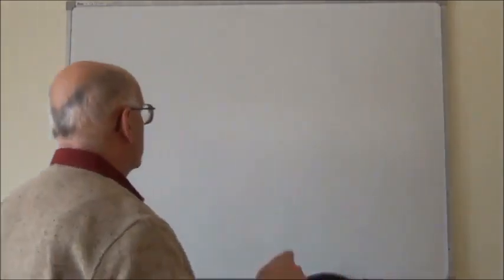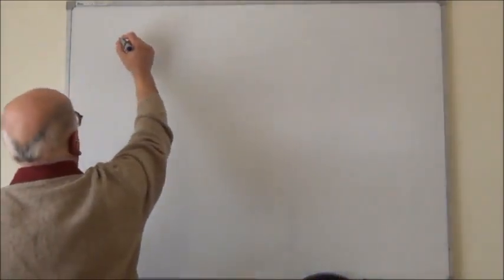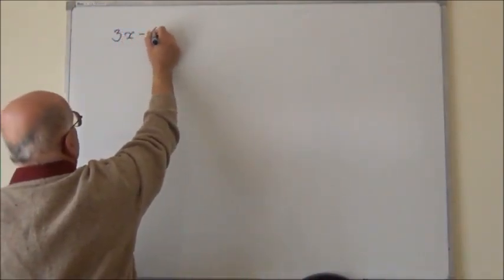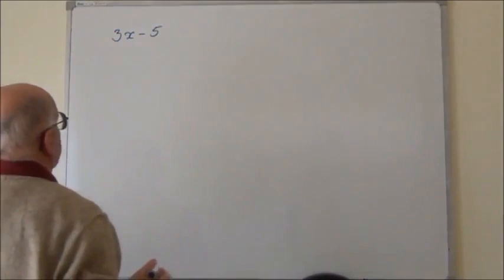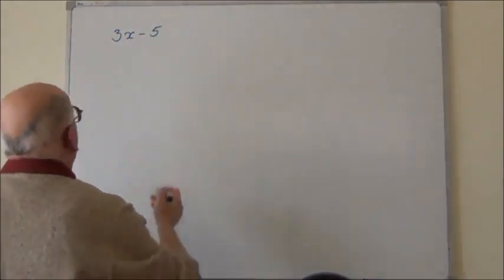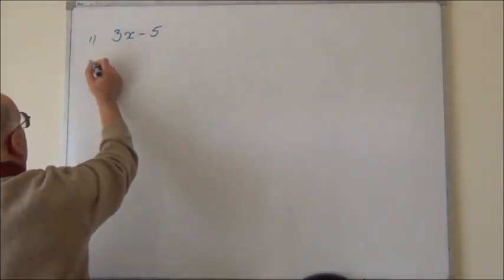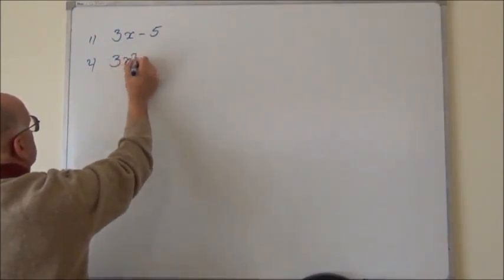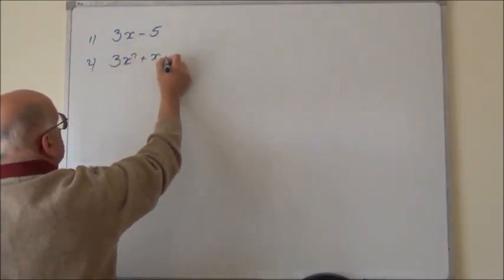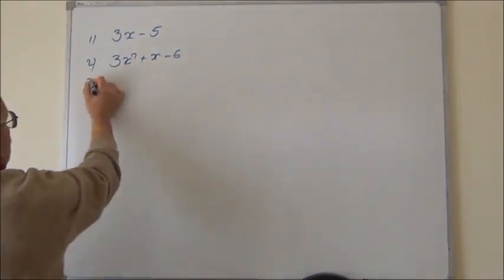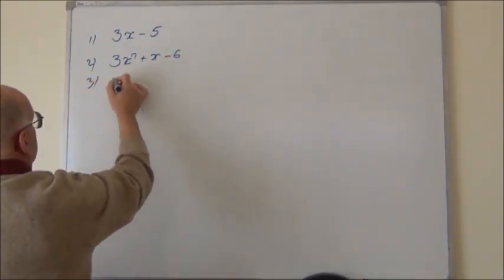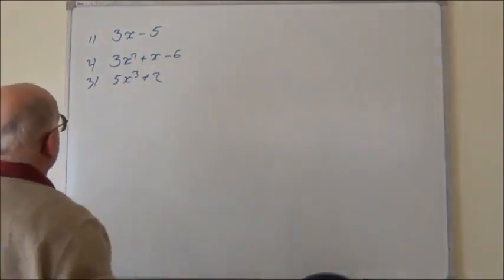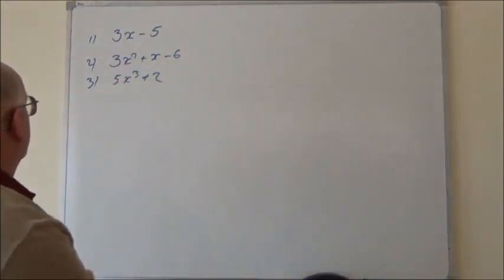For example, if we write a mathematical expression, let's say 3x minus 5, this is one mathematical expression, but another expression we can write, let's say 3x squared plus x minus 6, or also we can write 5x cubed plus 2 and things like that. We can write whatever here.